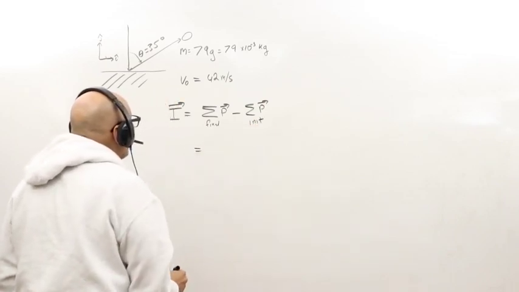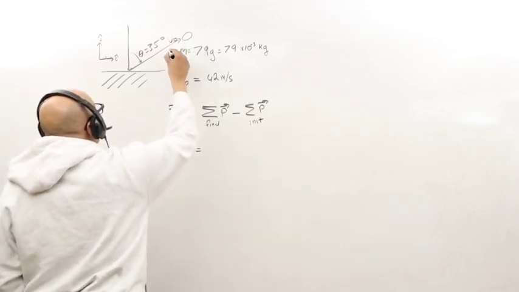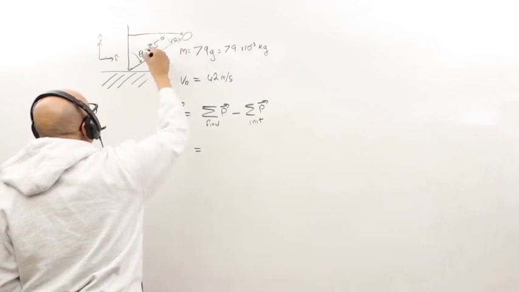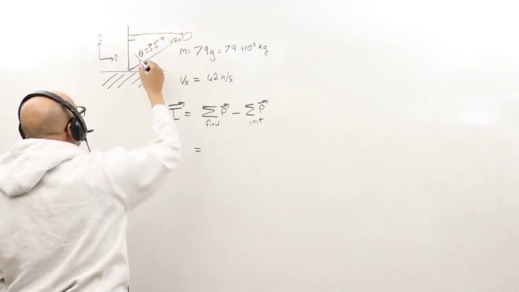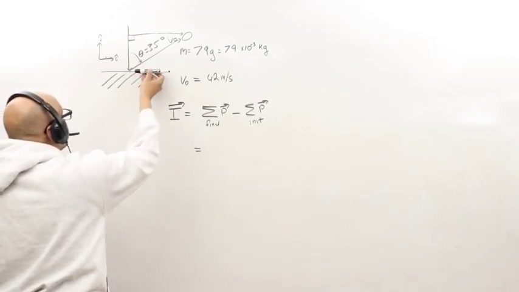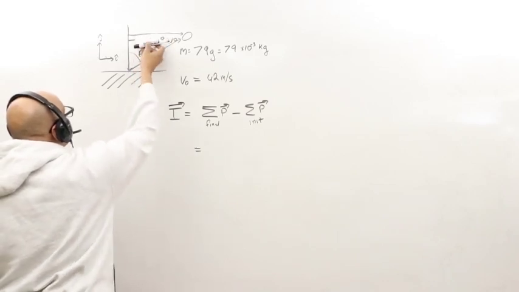So for the total momentum final, we know that this is V0, and we're told that this is the angle theta. So here's our triangle that we have to calculate. We want the x component, so the ratio of this side to the hypotenuse is sine.